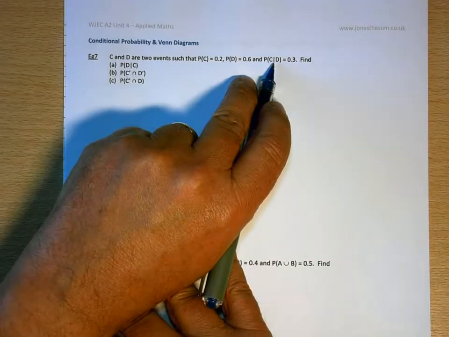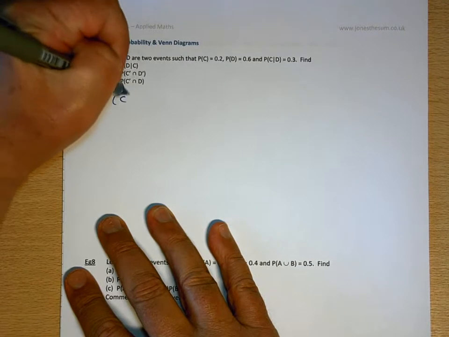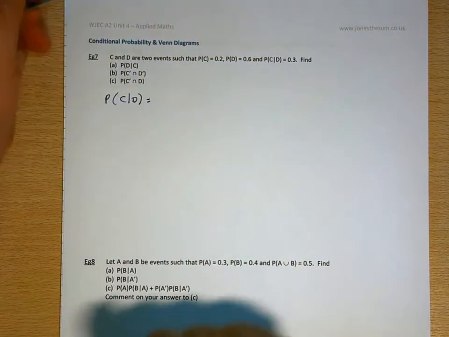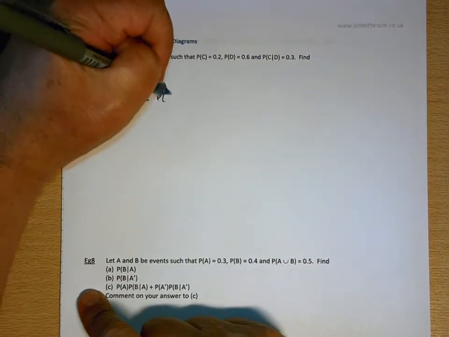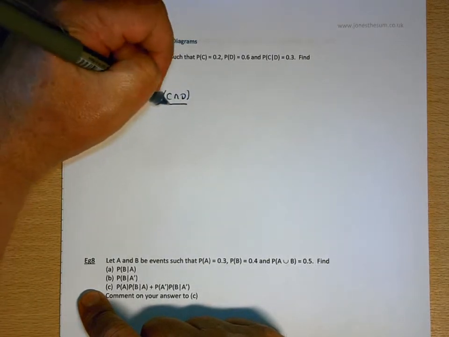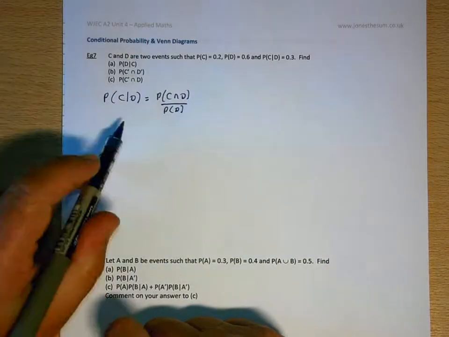So we're given a conditional probability, the probability of C given D. Using the conditional probability formula, we know that that is the same as the probability of C and D occurring over the probability of D occurring.